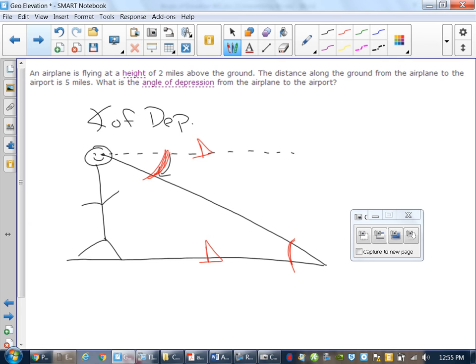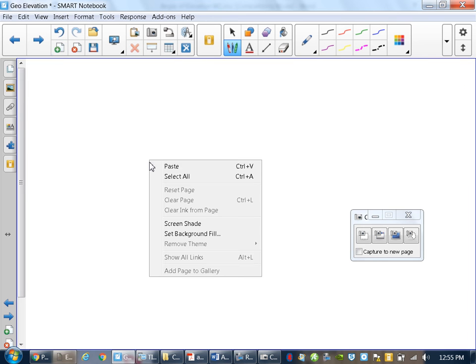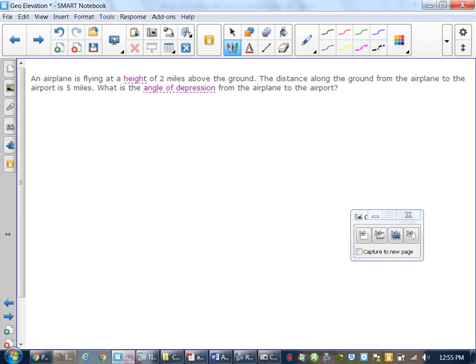So again, if I'm talking about angle of depression, let me put this on a clean one. I have my airplane. You've got to have it more round at the front.